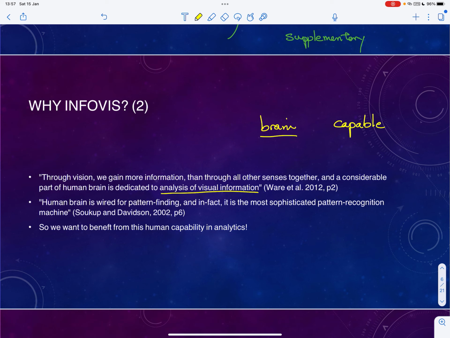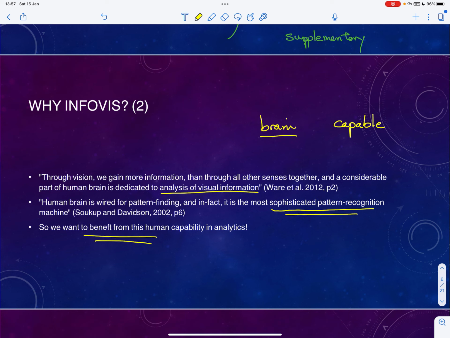Sukup and Davidson say that the human brain is wired for pattern finding, and in fact, it is the most sophisticated pattern recognition machine. So we want to use this very sophisticated and capable pattern recognition machine in our work. Let's benefit from it.